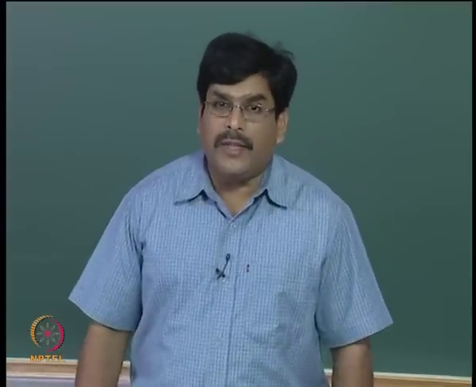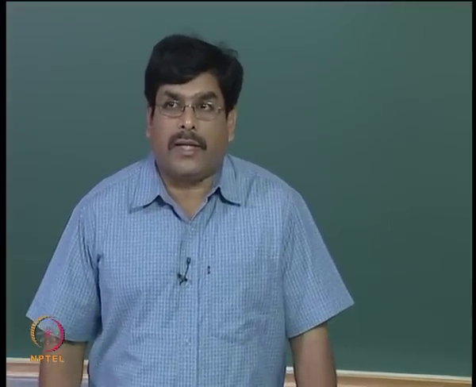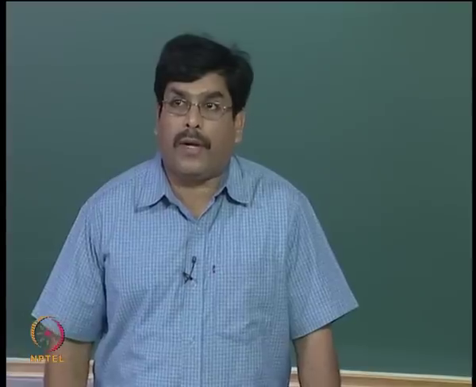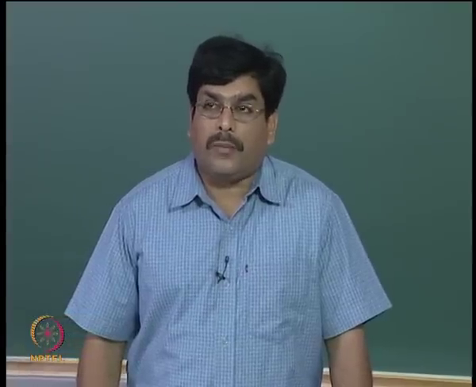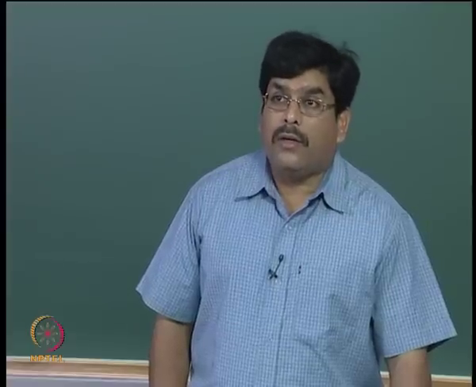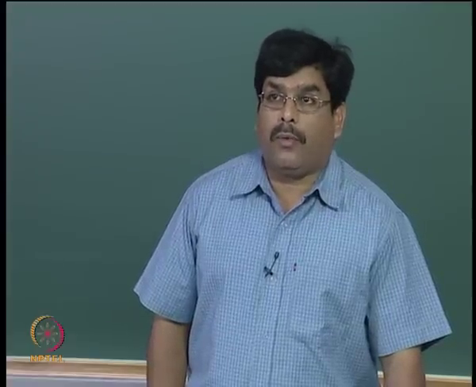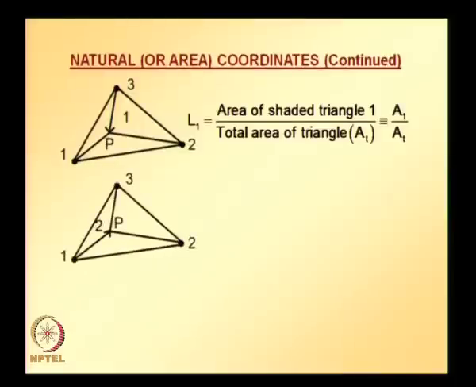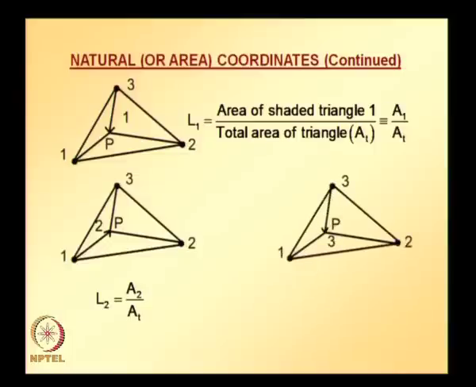It is going to be unique for every point, and it is not going to be same for any 2 points. And similarly, L2 is defined as area opposite to node 2 divided by total area, and L3 is defined as area opposite to node 3 divided by total area.